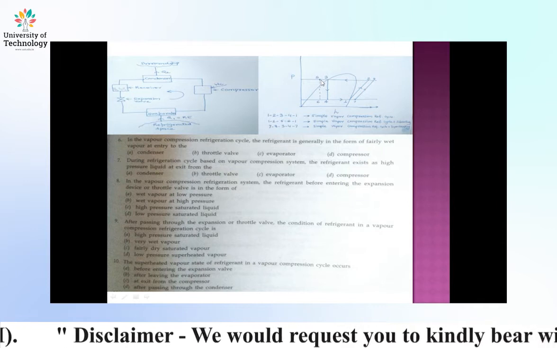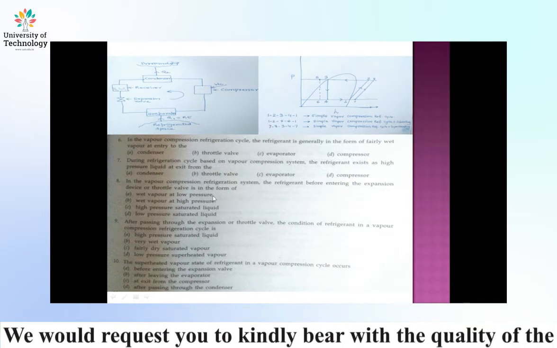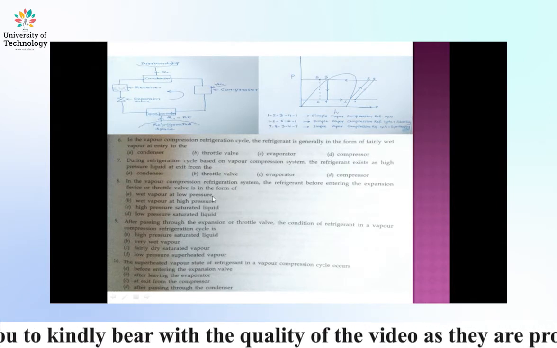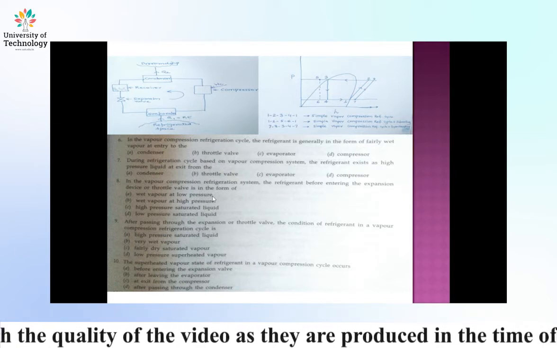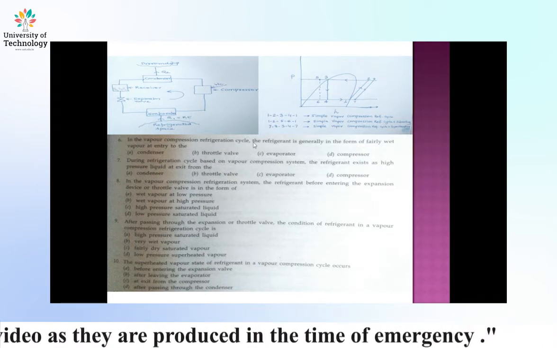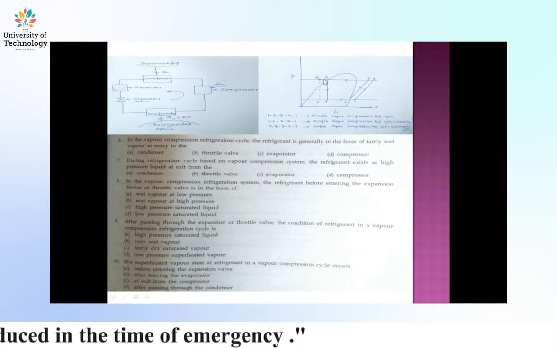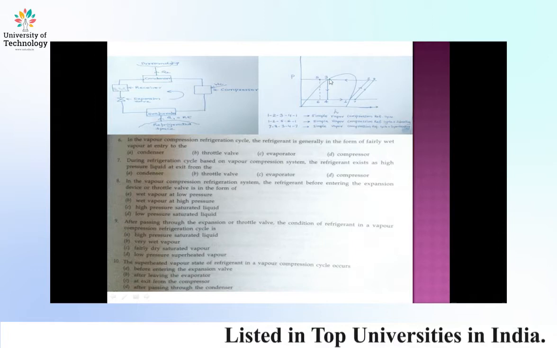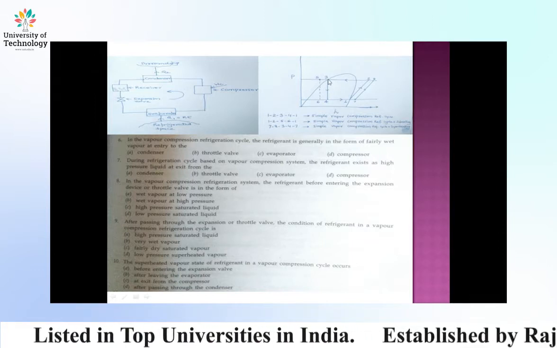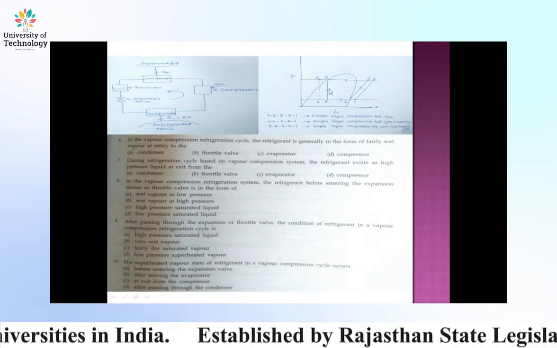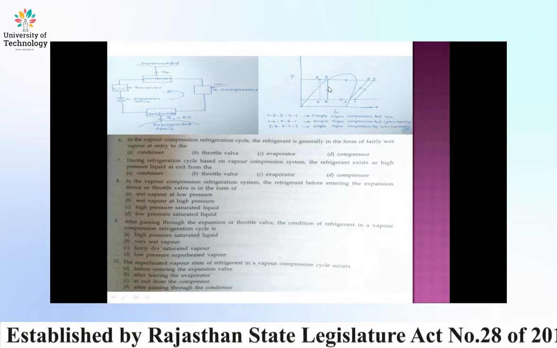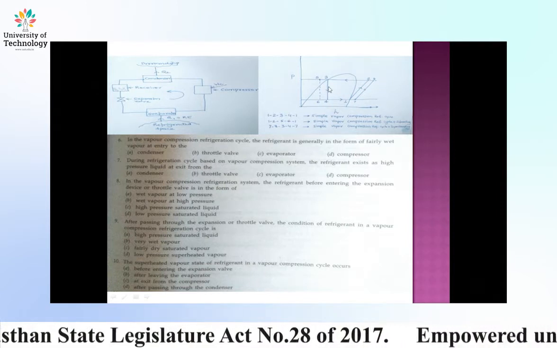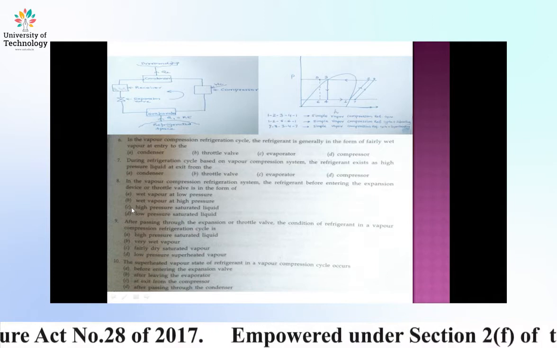Wet vapor at low pressure? No. Wet vapor at high pressure? No. High pressure saturated liquid? Yes, it is correct. This is the high pressure line. For the simple cycle at point 3, high pressure saturated liquid is available at the inlet of this throttling device, or expansion valve or capillary tube. So option C is correct for question number 8.